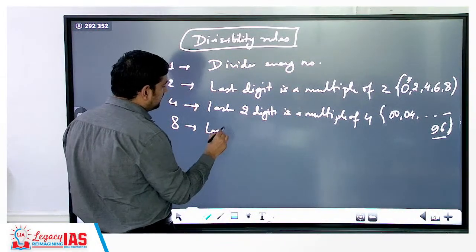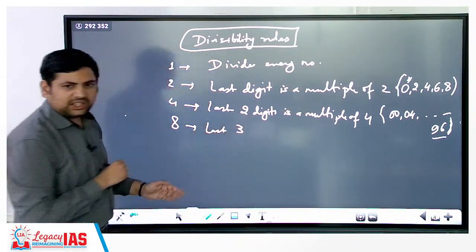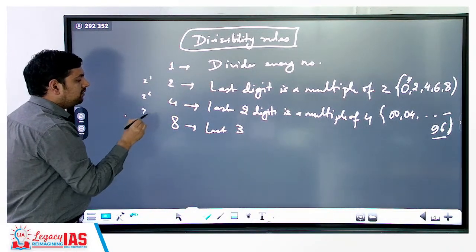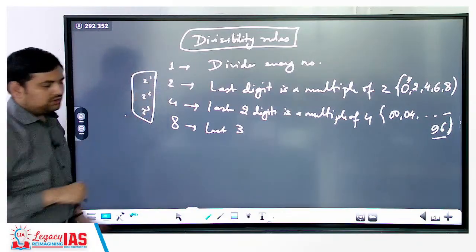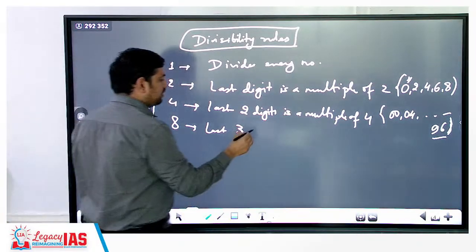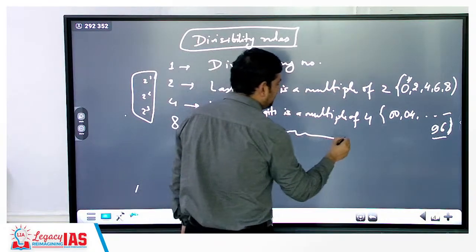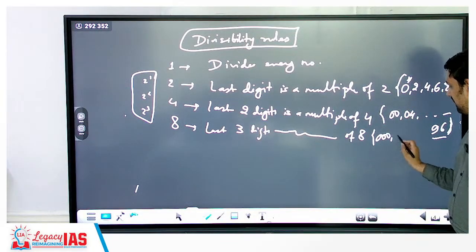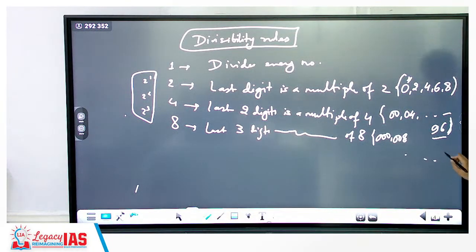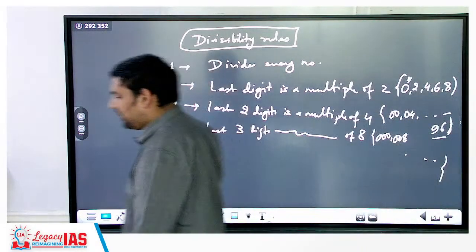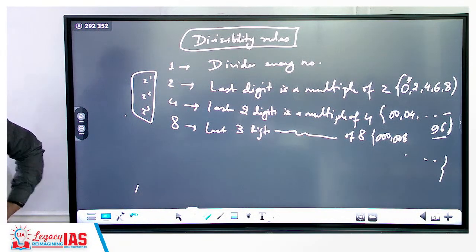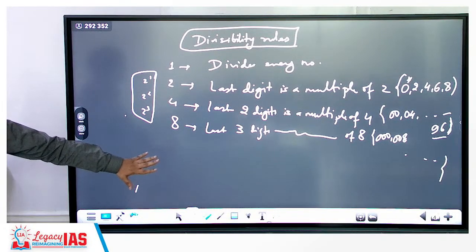Then next is for 8. You are seeing the pattern. Last 1 digit. This was 2 power 1. This was 2 power 1. This is 2 power 2. This is 2 power 3. So the last 3 digits is a multiple of 8. You understand? It will start with 000, then 008, and it will go on and on. Okay, understood? Similarly, I'm not writing, but you understand what will be the divisibility rule of 16?